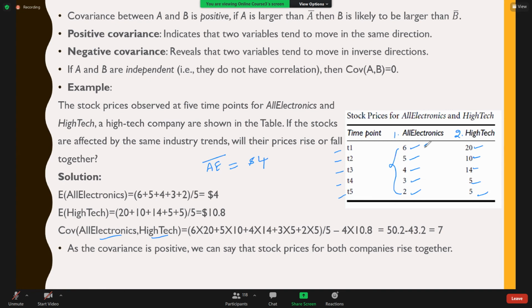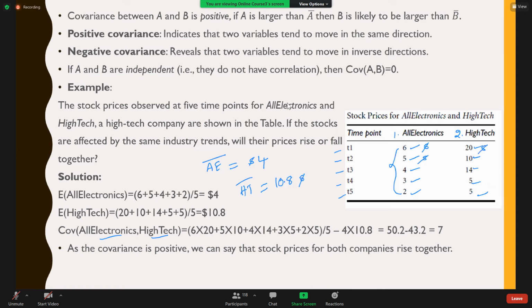All these are in dollars. And in the case of High Tech Company, its mean is 20 plus 10 plus 14 plus 5 plus 5 divided by 5, which is $10.8. Okay, so now covariance is calculated. What is the formula given here?